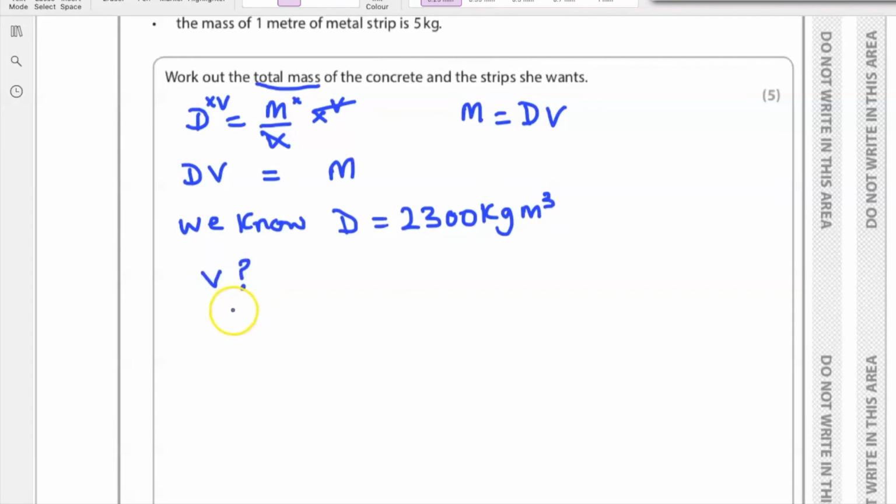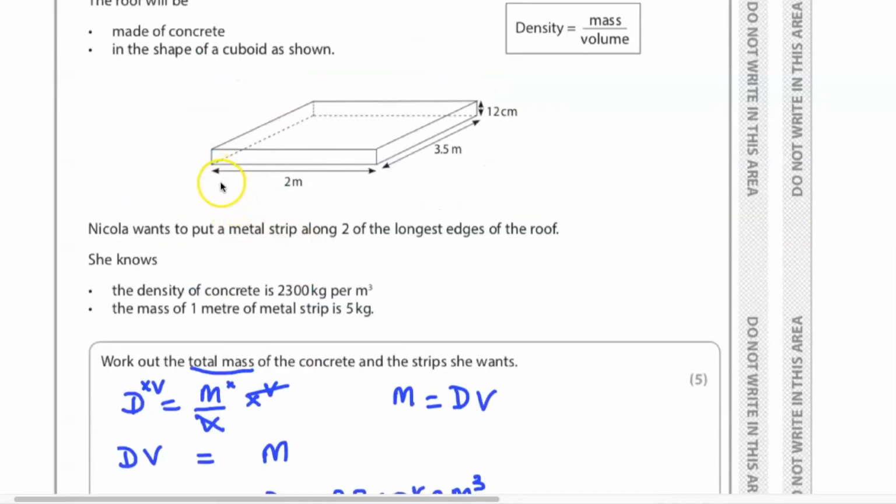The formula for volume is length times width times height. So volume is 2 meters times 3.5 meters times 12 centimeters. We can see that the units are different, so we have to convert 12 centimeters to meters.